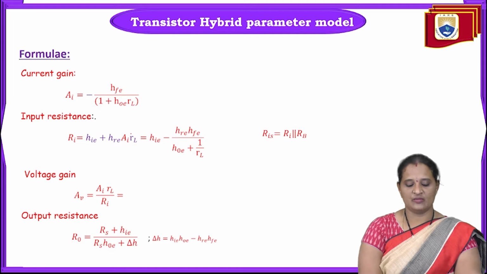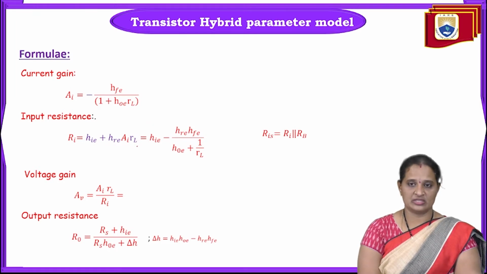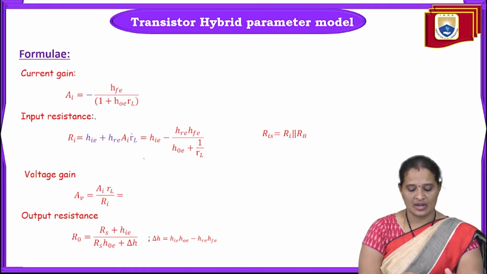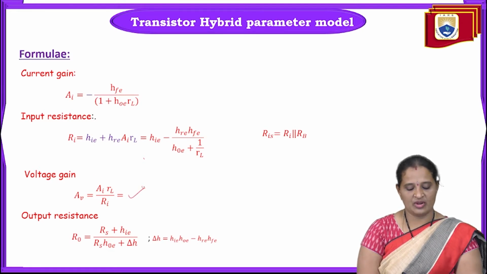This is the equation for finding the input impedance, or input resistance, where we can substitute the AI formula, AI given by minus HFE by 1 plus HOE into RL. Next, voltage gain can be calculated from the formula AV equals AI into RL by RI, where RL is the load resistance and RI is the input impedance, which we calculate from this equation.